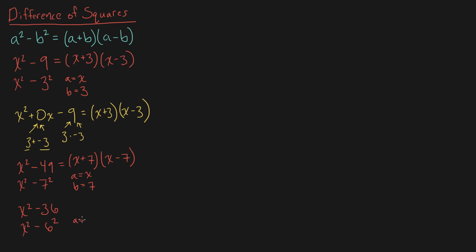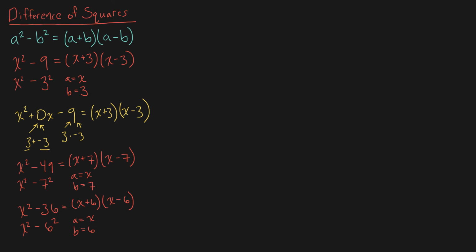And now my a value is going to be x, and my b value is going to be 6. And so I can rewrite x squared subtract 36 as x plus 6 multiplied by x subtract 6. So again, I've just used the difference of squares pattern in order to factor x squared subtract 36 into x plus 6 times x subtract 6. That's the difference of squares pattern.